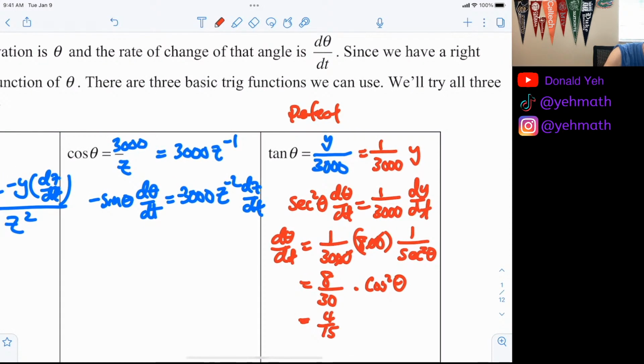4 over 15 is equal to, in this case, it's going to be 3 over 5. It's actually 3000 over 5000, but the thing is they cancel down. So if they cancel down, I'm going to work it here. So it'll be 4 over 15 times 3 over 5 squared.